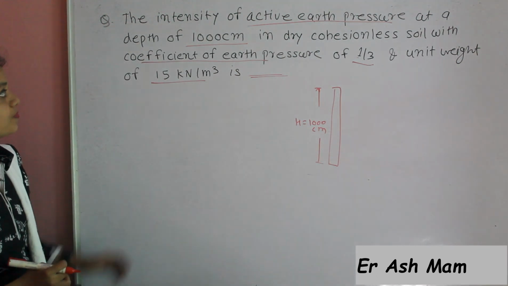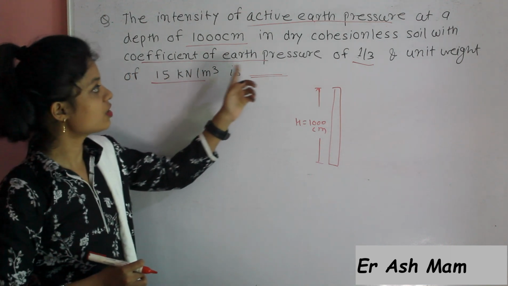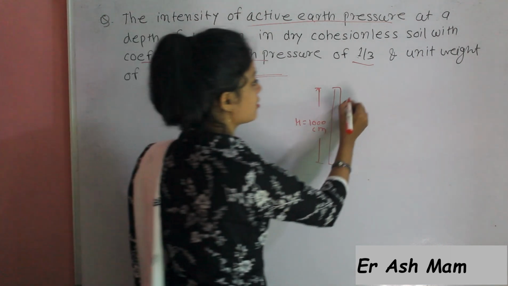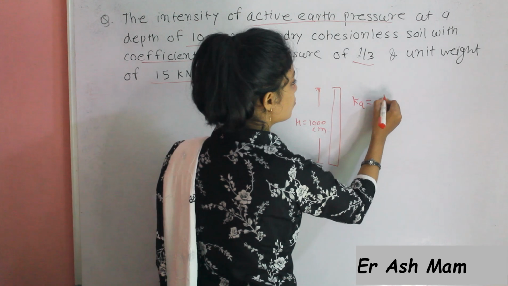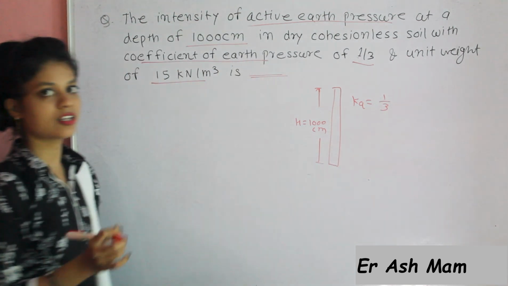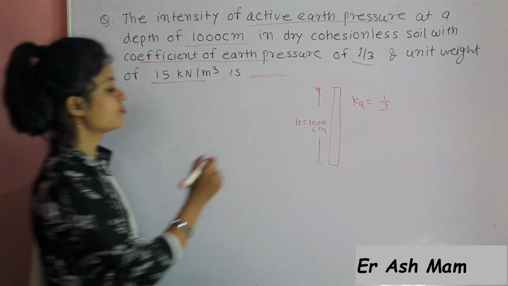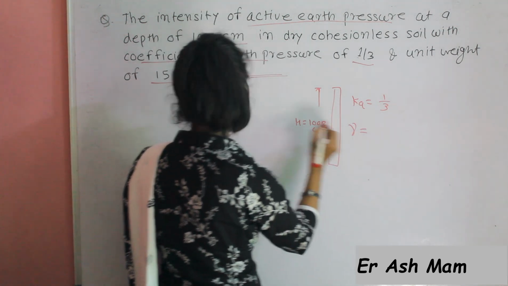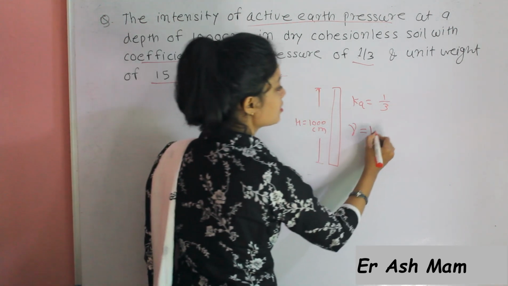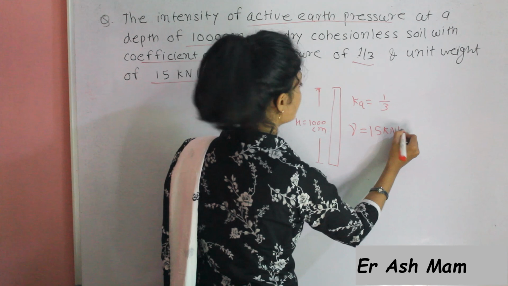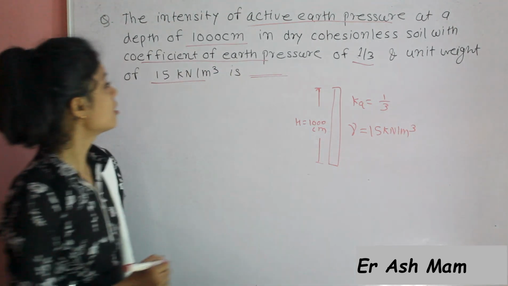Next, coefficient of earth pressure Ka equal to 1/3 is given. That is, phi equal to 30 degrees. Unit weight gamma equal to 15 kN per meter cube is given.